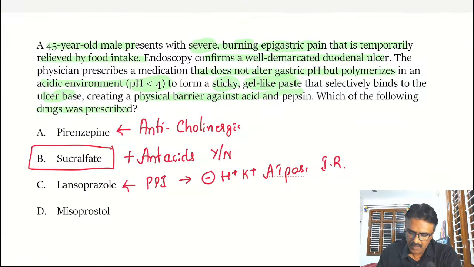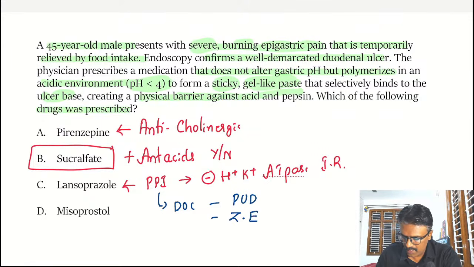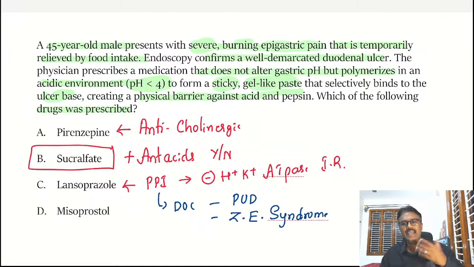Now, these PPIs are drug of choice for conditions like peptic ulcer disease, Zollinger-Ellison syndrome. What is Zollinger-Ellison syndrome? You have high gastrin levels. And also they are the drug of choice for GERD, gastroesophageal reflux disorder.